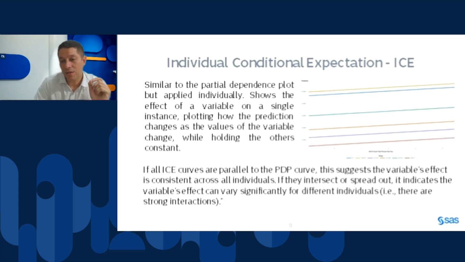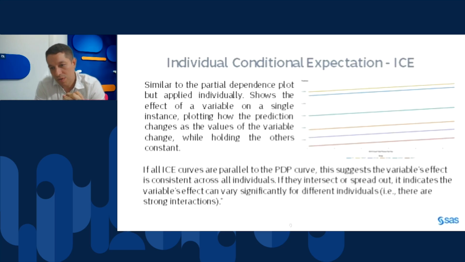This is interesting because if after this process you see all the lines in a parallel mode, this is good because this shows a constant behavior of the model for this variable.